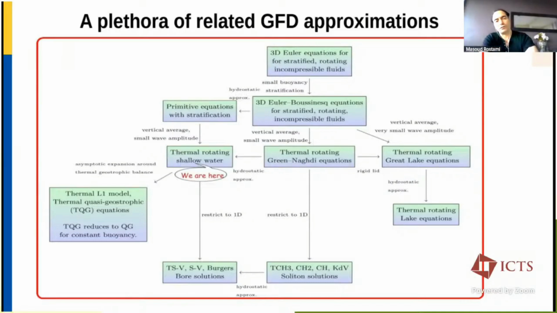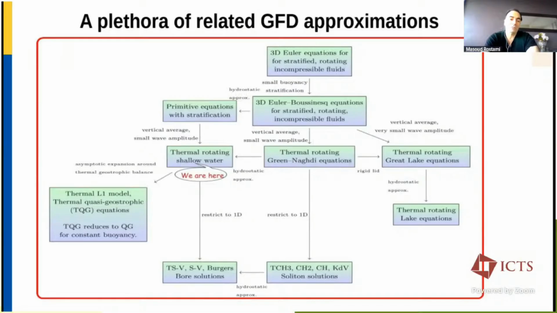But the question of how we include the temperature in the shallow water system is the question of our preliminary studies, where we switch from the classical shallow water system to the thermal shallow water system.